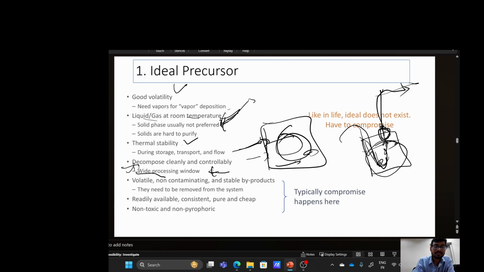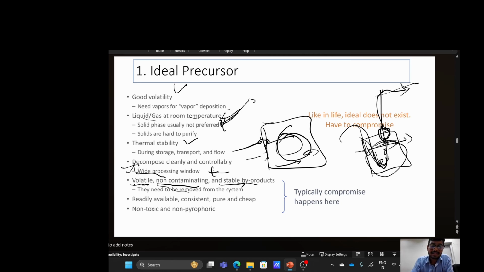Another thing is volatile, non-contaminating, and stable byproducts. This means non-contaminating to the environment, and stable byproducts. After the reaction, there are byproducts which are exhausted out of the chamber.